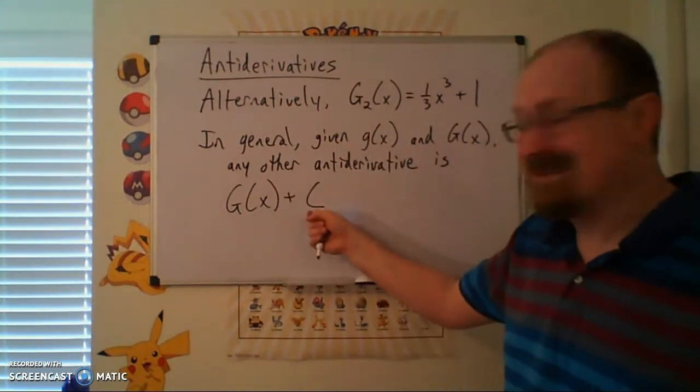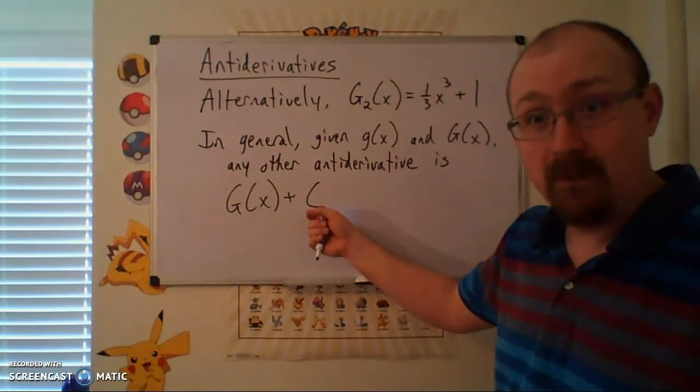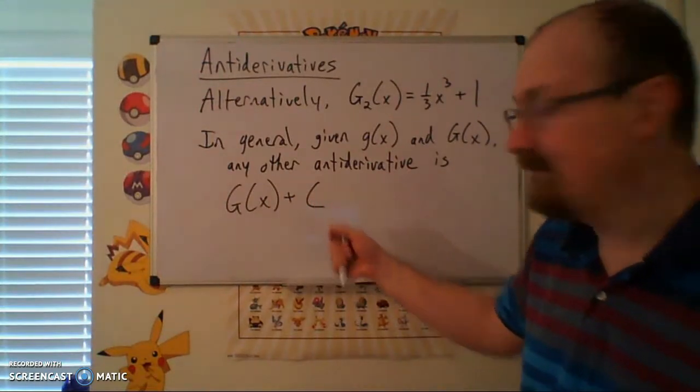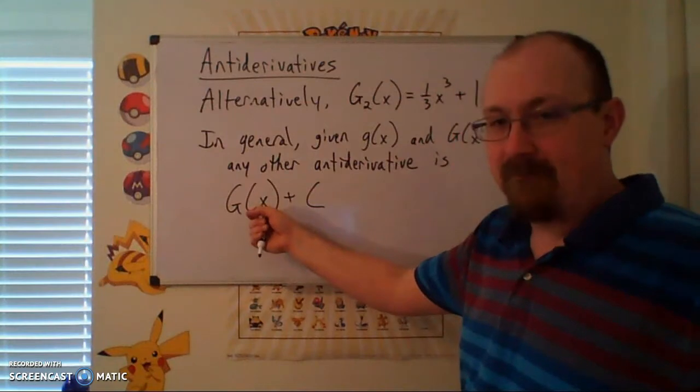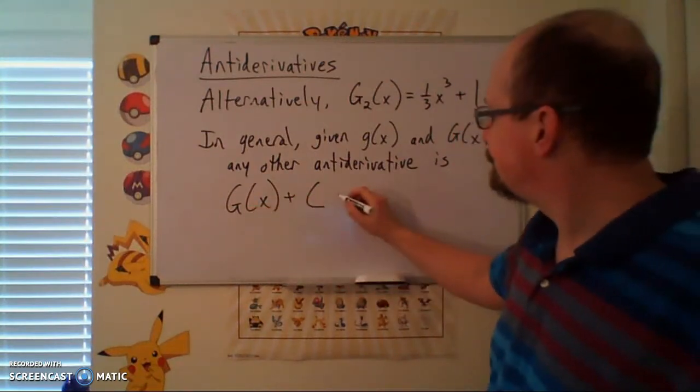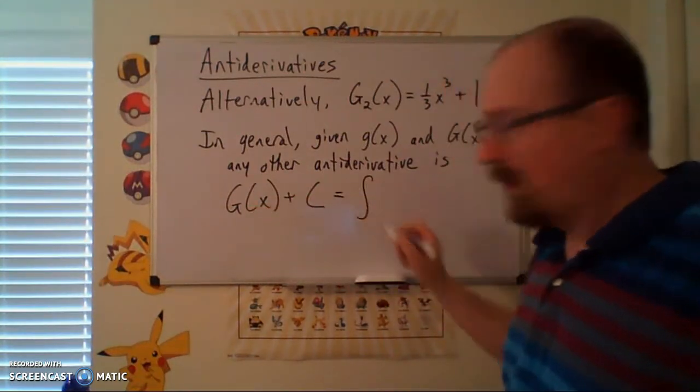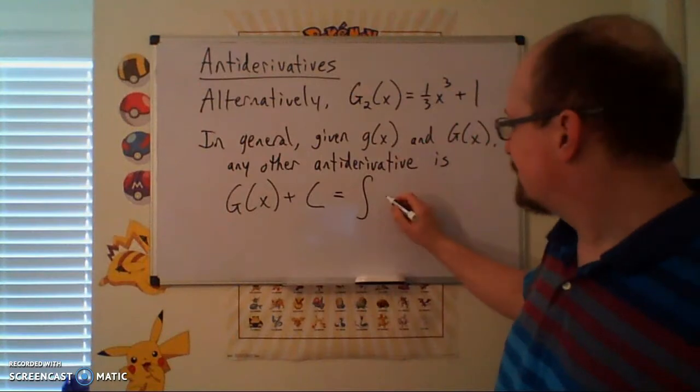We'll generally refer to this as a constant of integration. Why we're using that word will become apparent in just a moment. But I'll sometimes just refer to this as an arbitrary constant. So we have whatever our first big G of x is plus c. We'll often denote this like so.